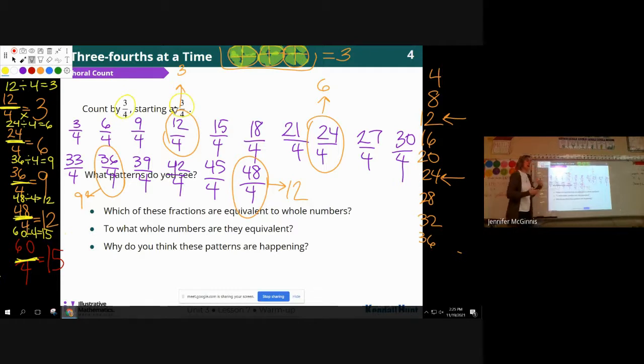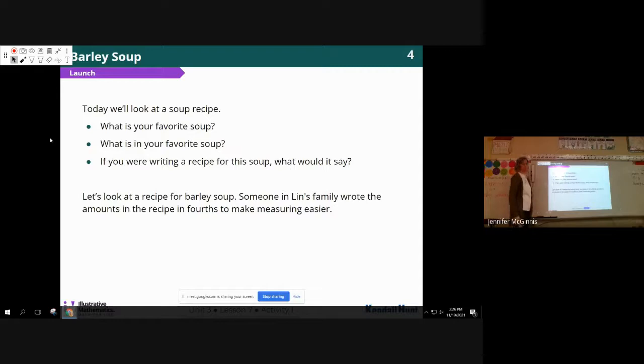So if we always count by the same number, is there going to be some sort of a pattern? If we count by 5s, we get 5, 10, 15, 20, 25, 30. We count by 3s, we get a pattern. Obviously, if we count by 3/4, we get a pattern. I told you this is one of the coolest lists we ever made.